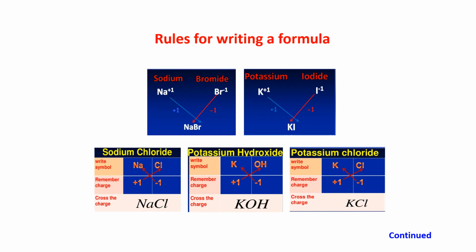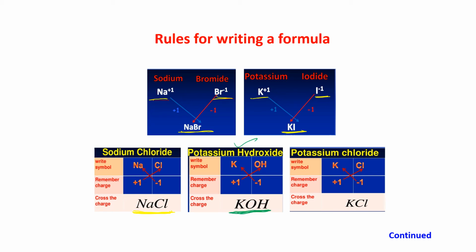Some more examples of valency 1 are shown here. Just see, the first one is sodium bromide. Na +1 and Br -1. So it is coming to NaBr, because 1 and 1 is not written. K1 and I1, so the formula is KI. Crisscross, 1 and 1 will come, that is not written. NaCl, I already showed it to you. Then it is KOH, potassium hydroxide.